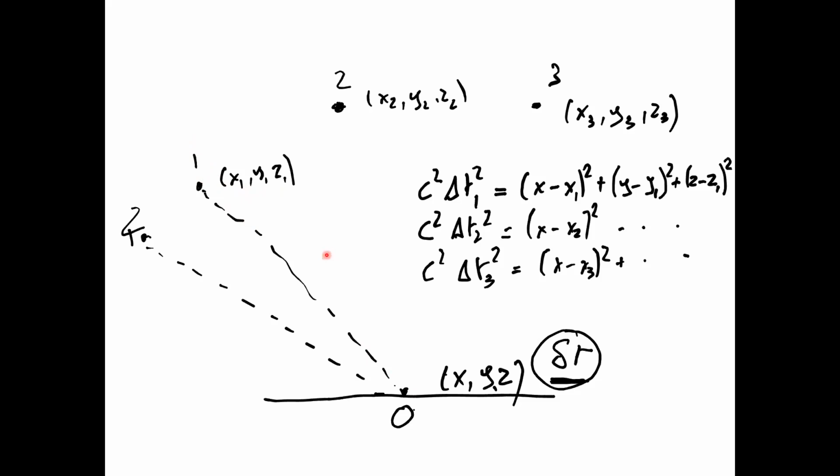So good orbit determination is again an important requirement of this system. Orbit determination of the GPS satellites is done by a group of people.